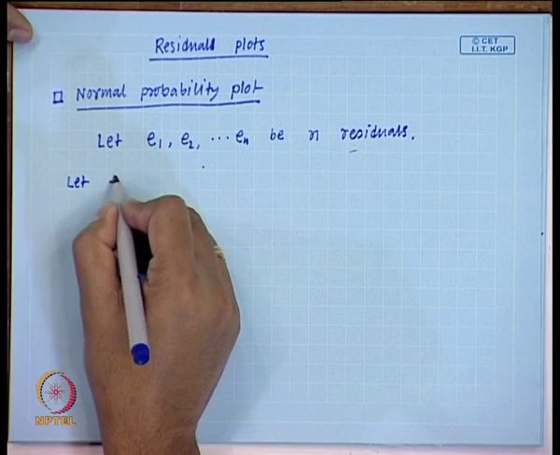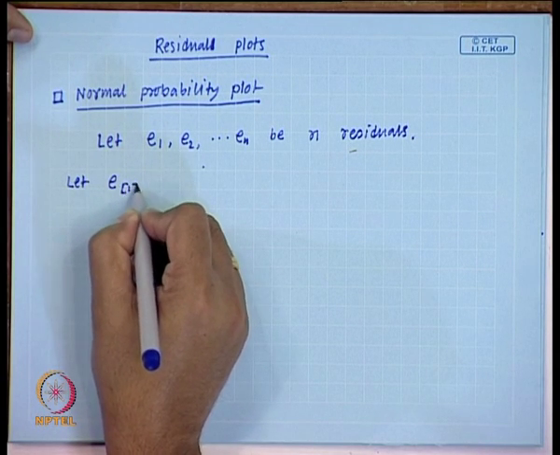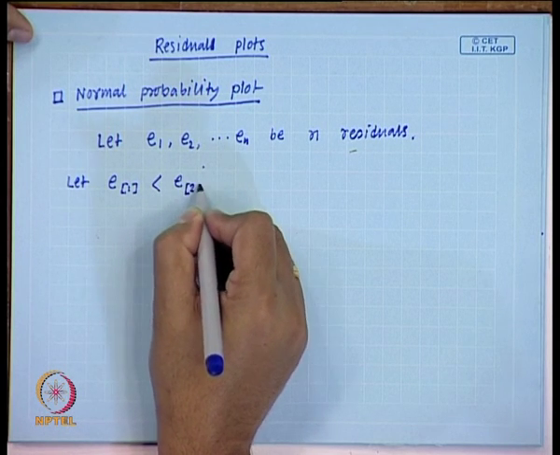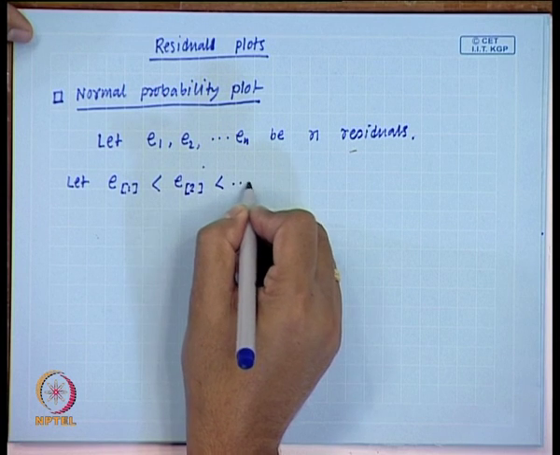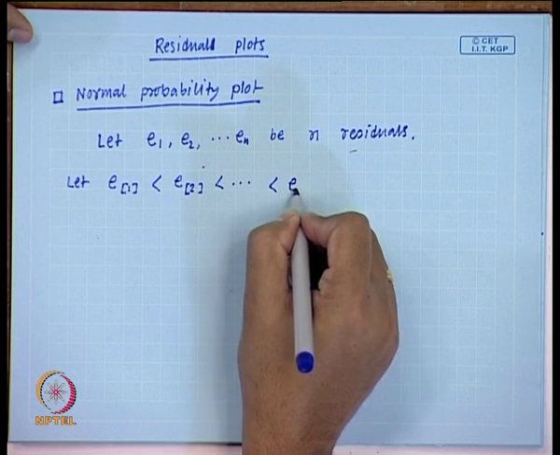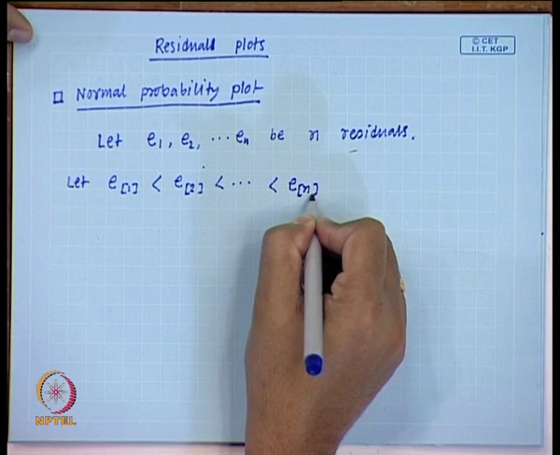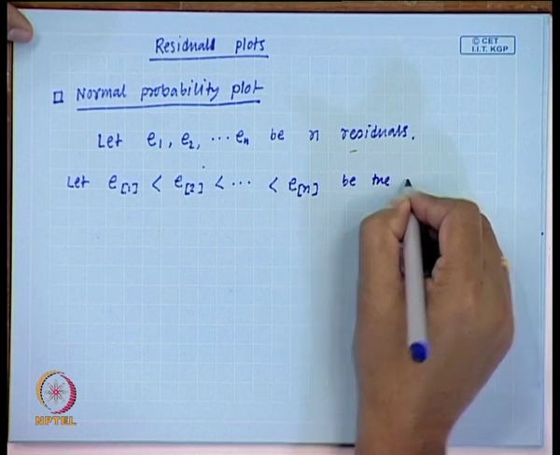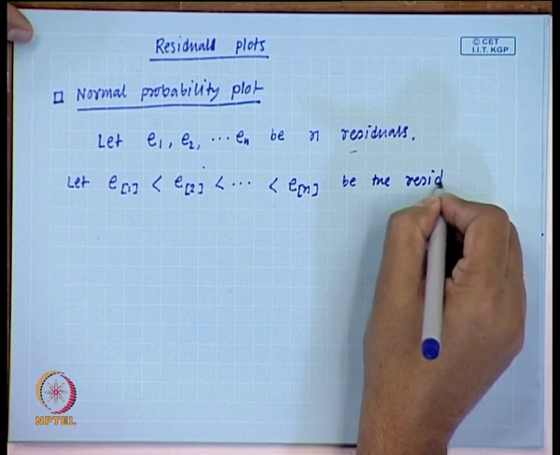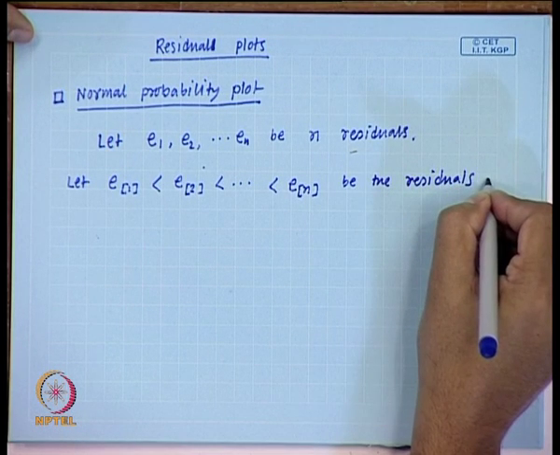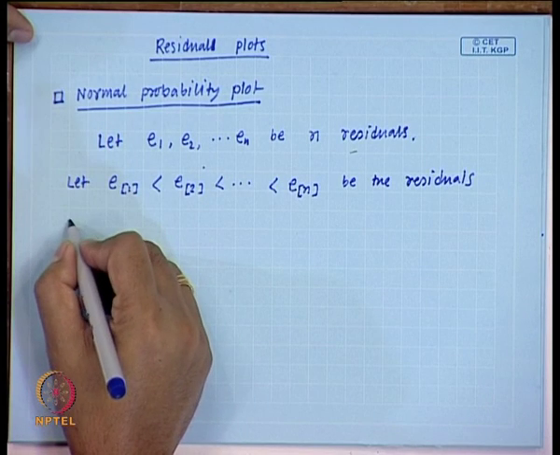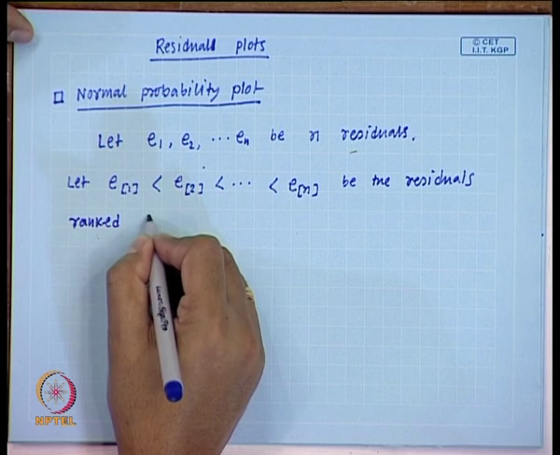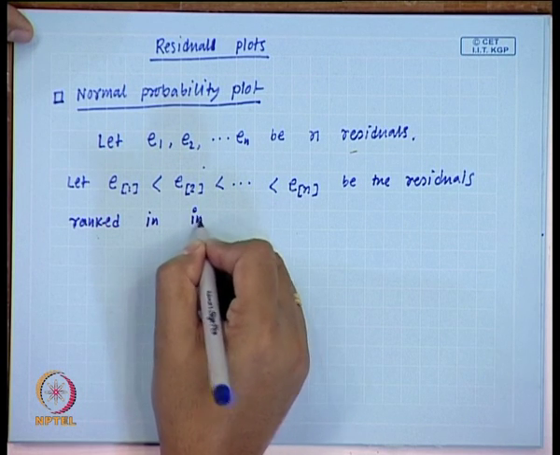Let e_[1], e_[2], ..., e_[n] be the residuals ranked in increasing order.